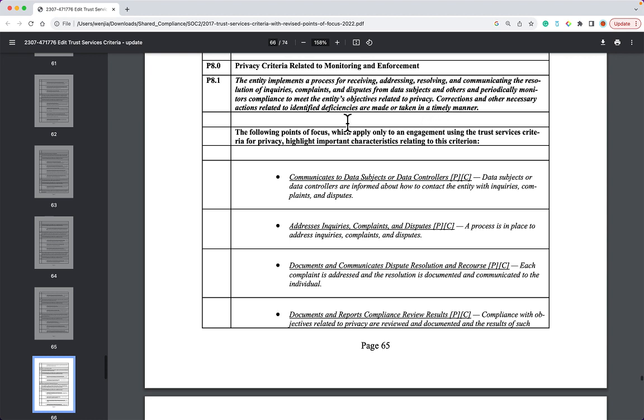Correction and other necessary actions related to identified deficiencies are made in a timely manner.